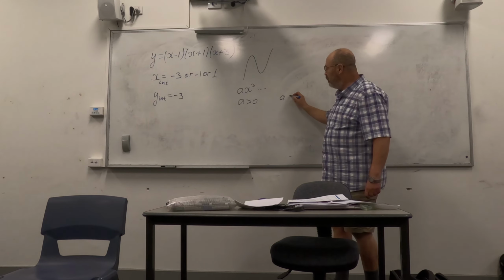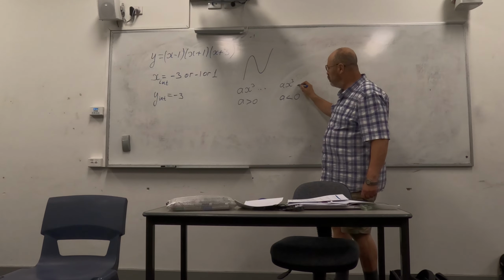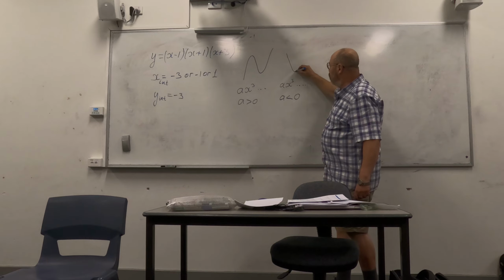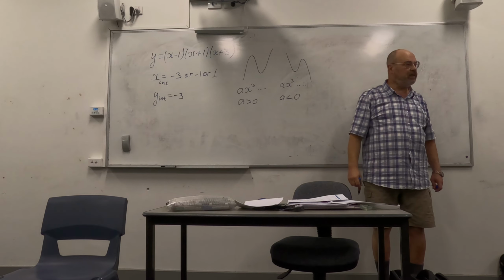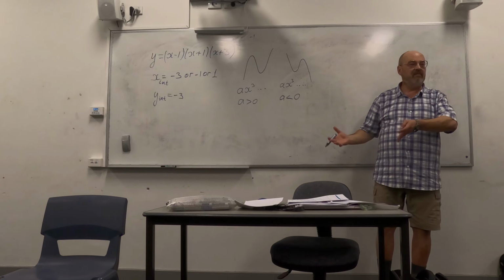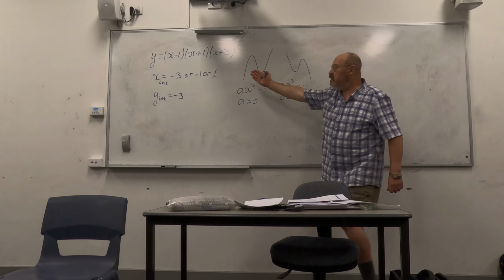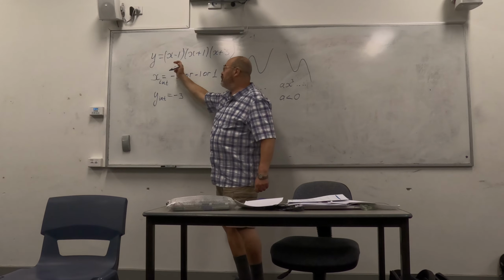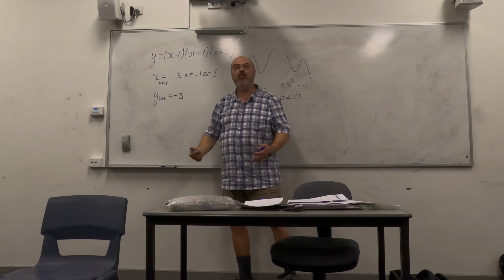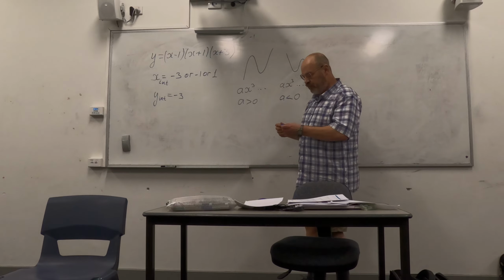If a is less than 0, the shape will be like this, so for big x we get a negative value of y. In this case we have x times x times x, which is positive x cubed, so that will be this shape.